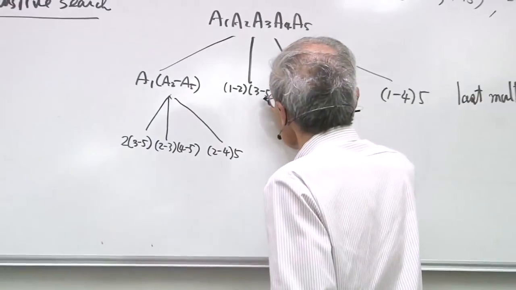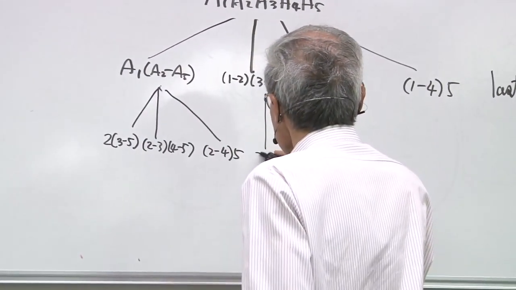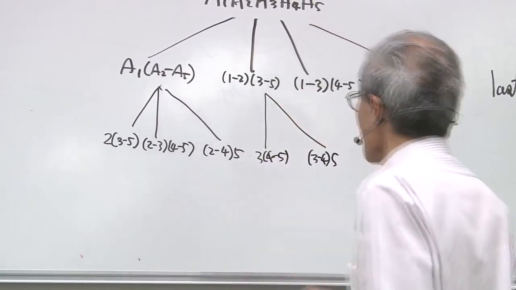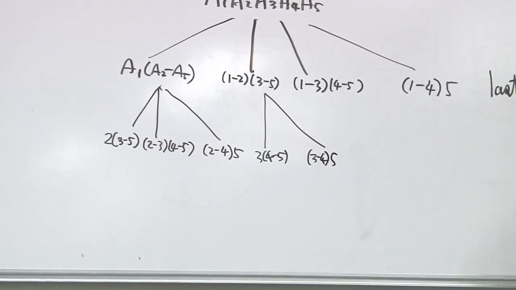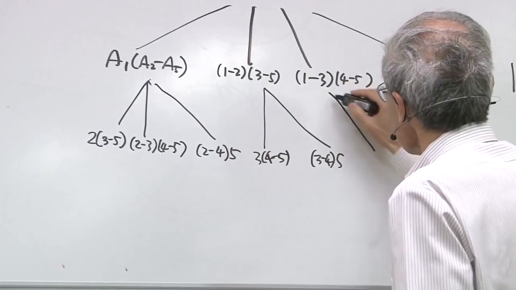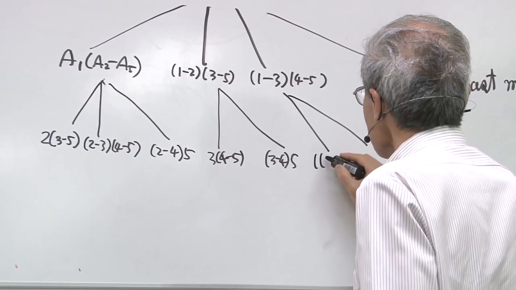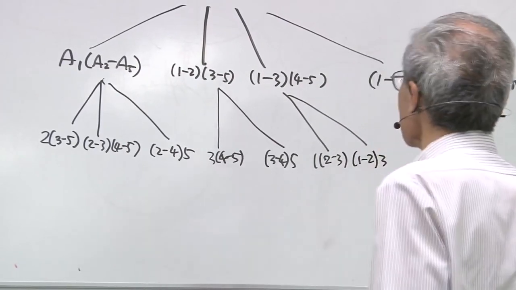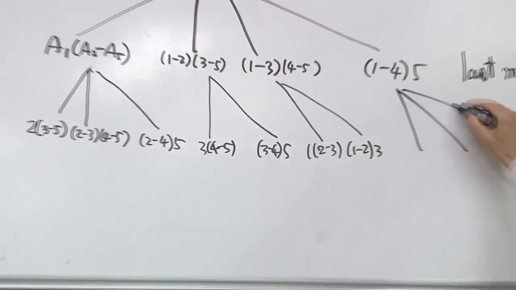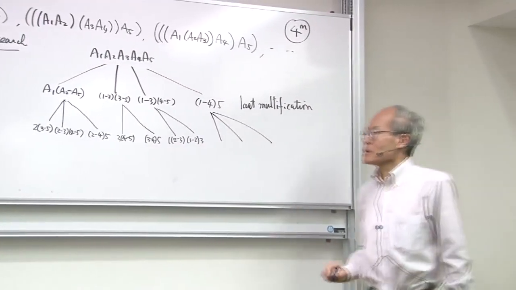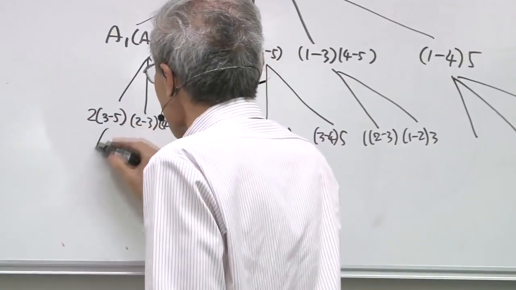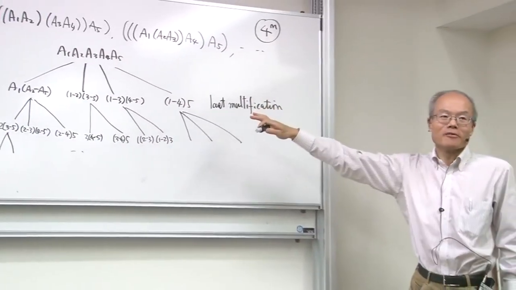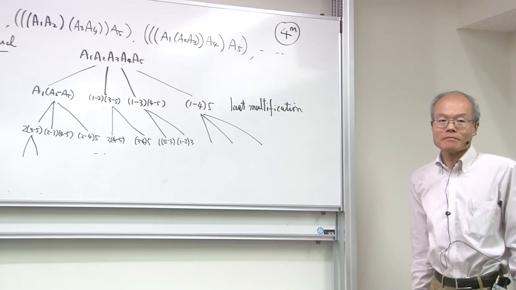But in this case, we have 2 possibilities: A3 with A4 to A5, and A3 to A4 with A5. And this is also 2 possibilities: A1 with A2 to A3, and A1 to A2 with A3. And of course, more. Then this is again 2 possibilities, and so on and so forth. So this is a search tree, an exhaustive search tree this time.